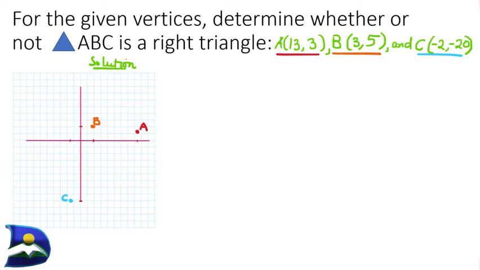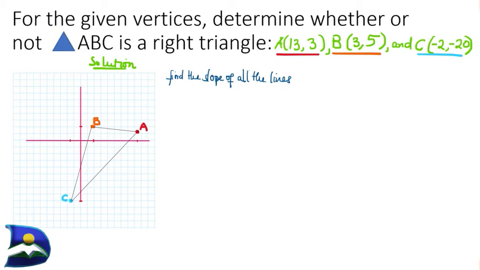Once you locate those, you draw lines to form a triangle, and those are the lines right there. Then we need to find the slopes of each line that you see in that triangle. Then you'll be able to figure out which lines have negative reciprocal slopes, because that is the key to identifying a right triangle.